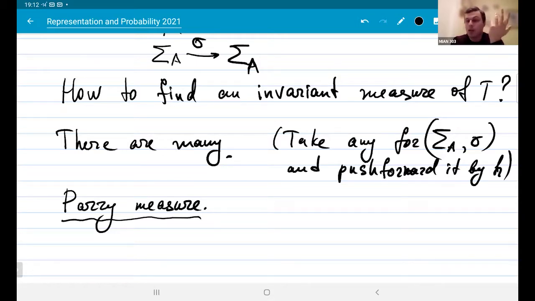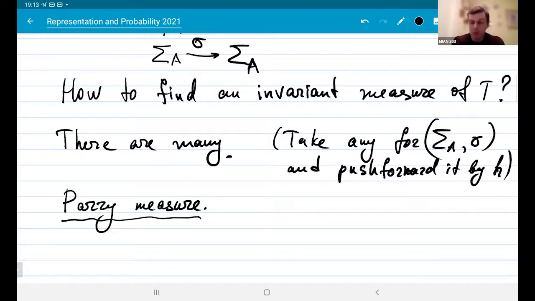Now, if I take any Markov measure, if I prescribe any transition probabilities compatible with these allowed and not allowed transitions, we have an invariant Markov measure. So there is a continuum of these invariant measures.